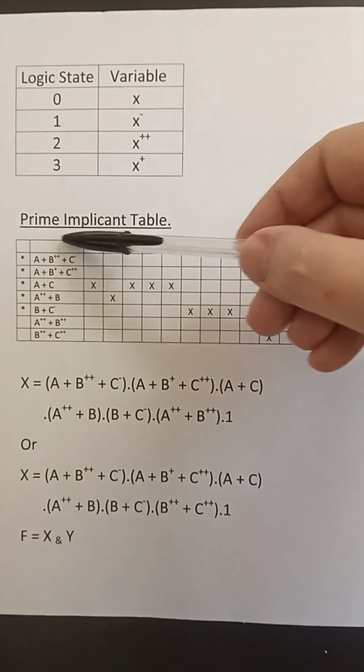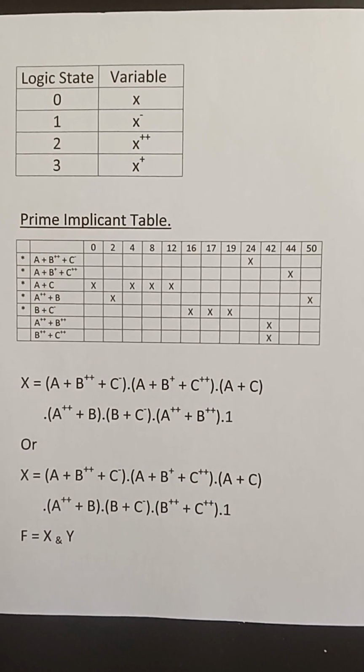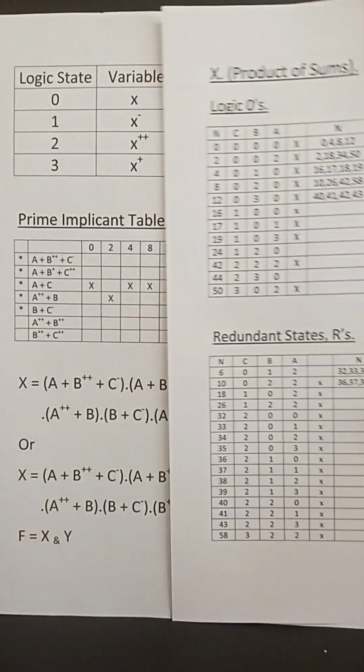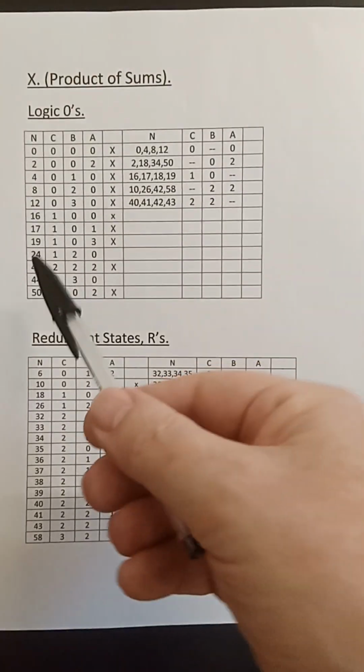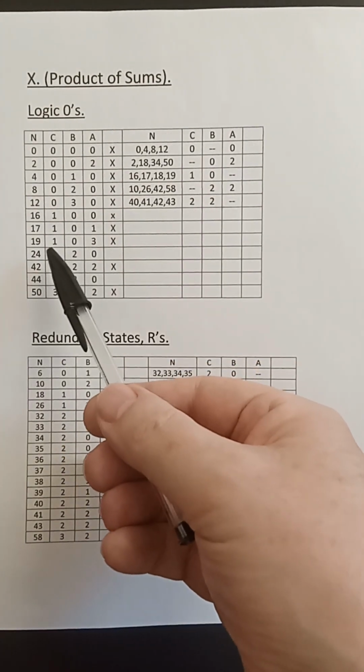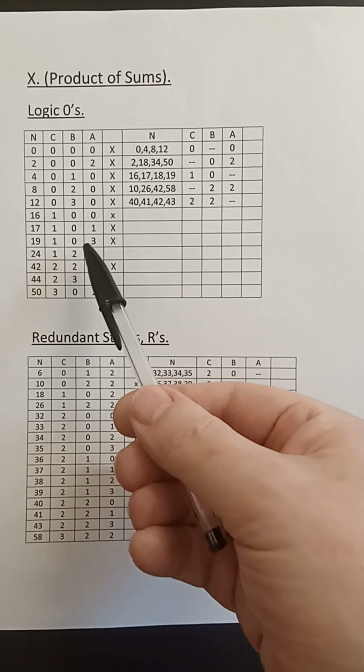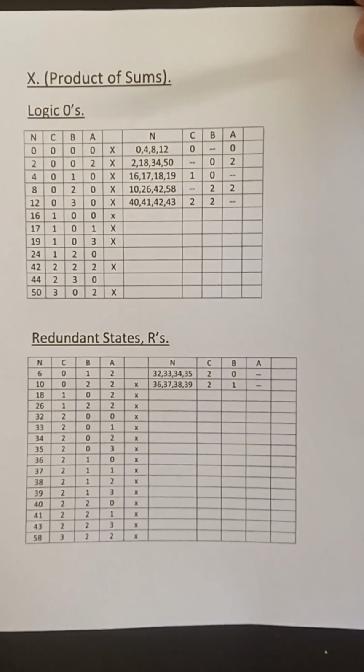And the prime implicant table is as before, so if we look here, 24, C is a 1, B is a 2, and A is a 0.